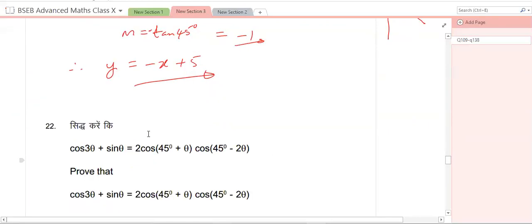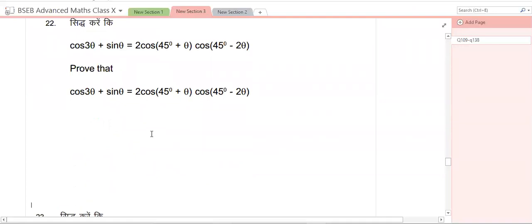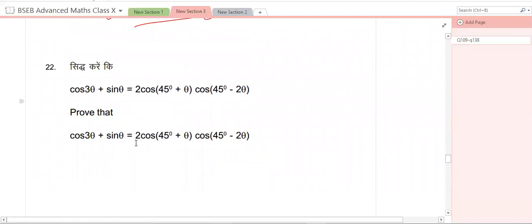Question number 22, we want to prove that cos 3 theta plus sine theta is equal to 2 cos of 45 degrees plus theta times cos of 45 degrees minus 2 theta.